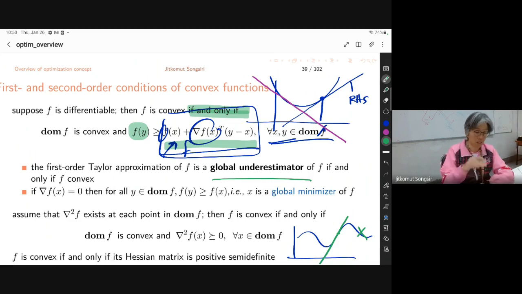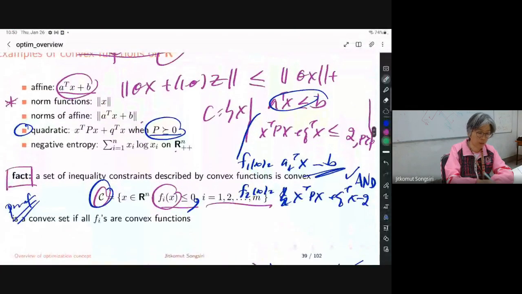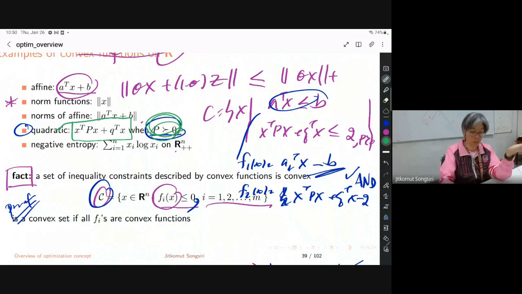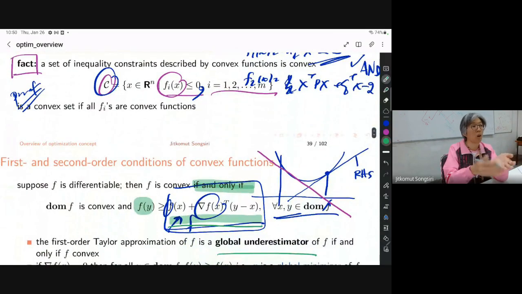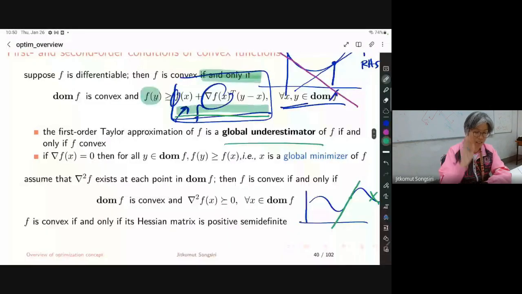But the explanation is this: your quadratic function is convex when P is positive semi-definite, so the first order approximation always lies underneath your function.